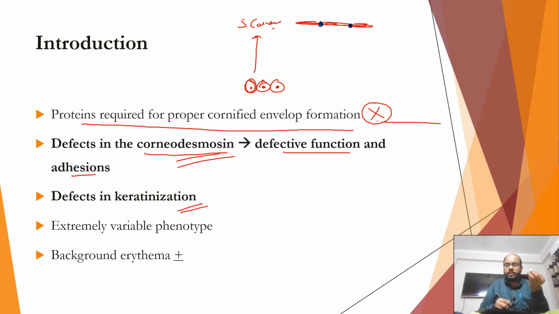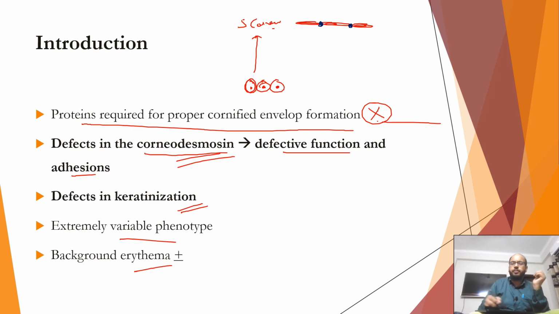So syndromic ichthyosis as a group and subgroup is disorders of cornification or the process of cornified envelope formation. The phenotype is extremely variable. Background erythema may not be present. For example, in peeling skin syndrome type A, which is a non-inflammatory type, you don't see much erythema, while in Netherton syndrome, erythroderma is a characteristic feature.